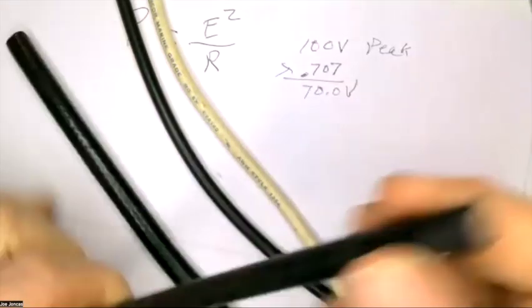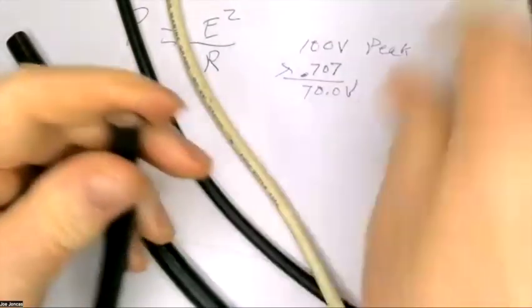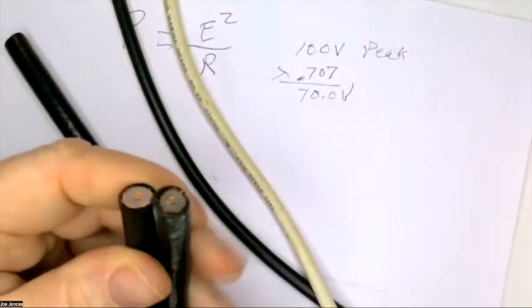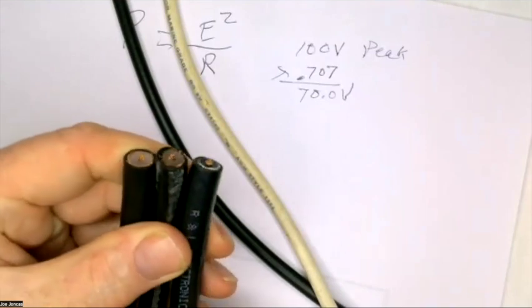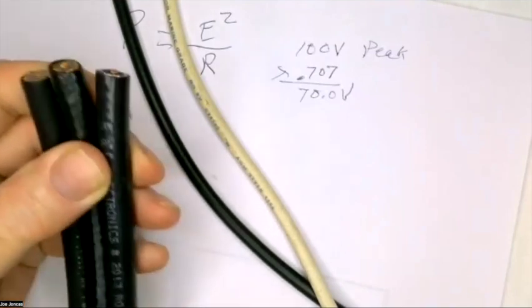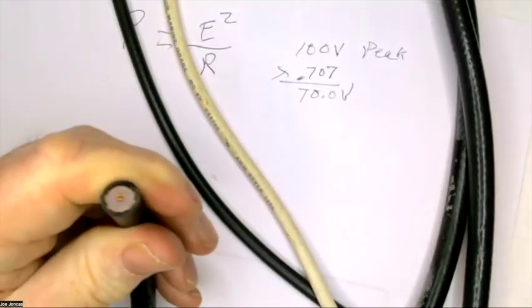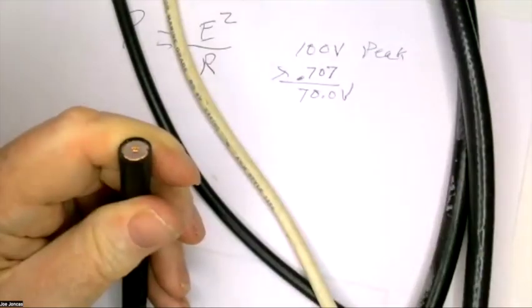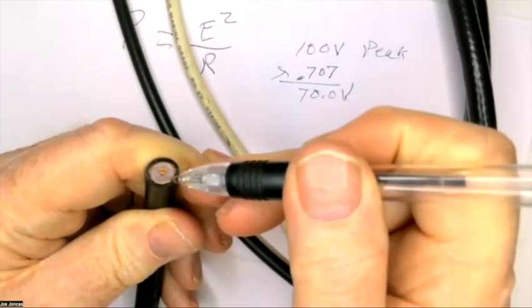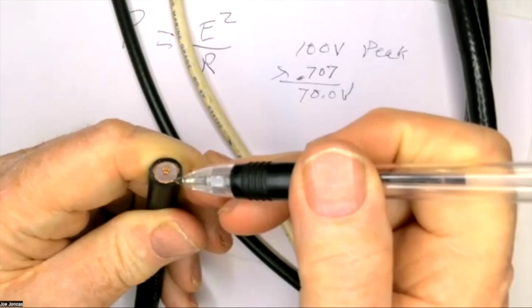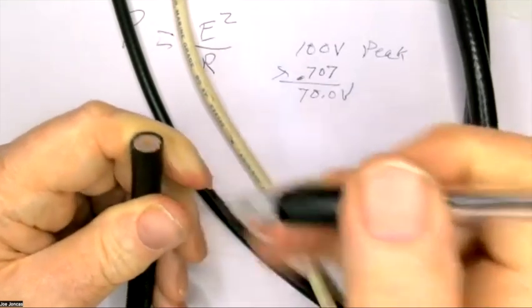And by the way, this is 4/10 of an inch in diameter. So is this, and so is this. You can see they're all the same diameter, but because of the construction and the type of insulation they have, this insulation in here, this dielectric, is different in each one, so their characteristics are different.